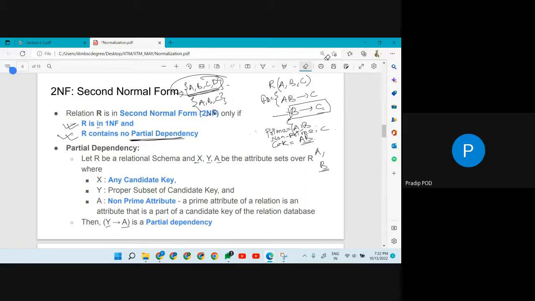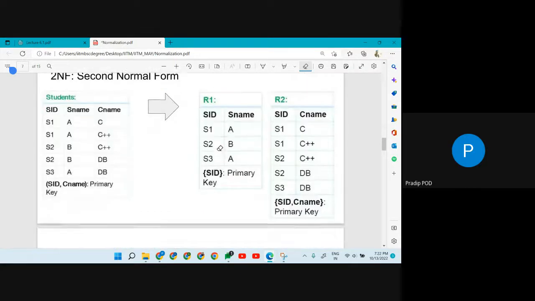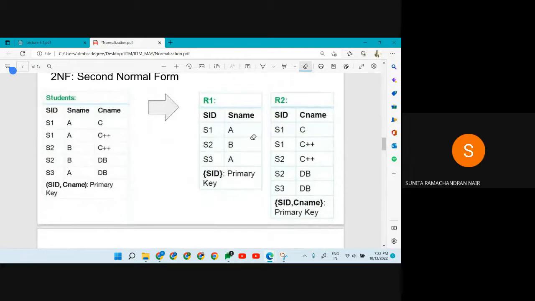So we could take any one example from the activity questions. Probably there are many given there. Here you can see one example. In this table, SID is given to you.